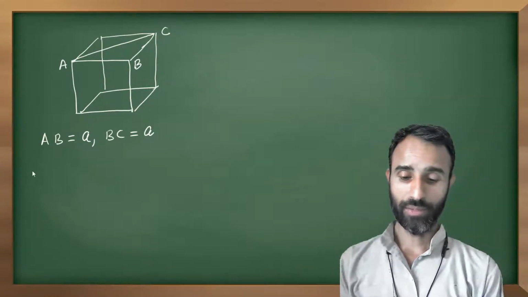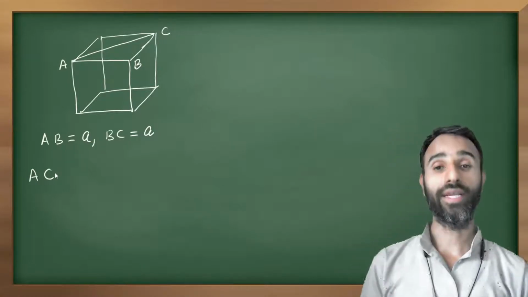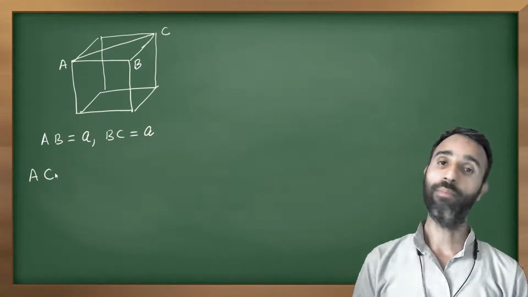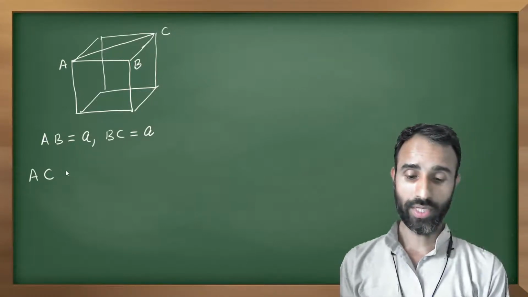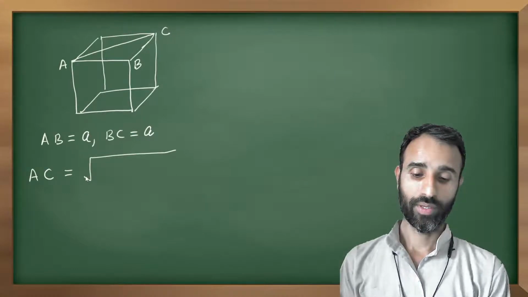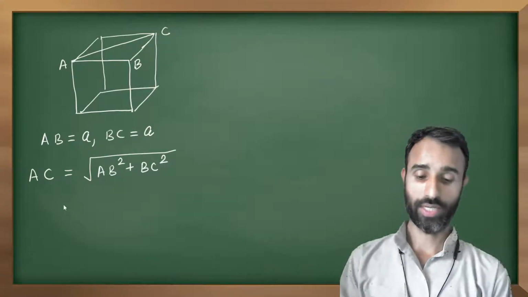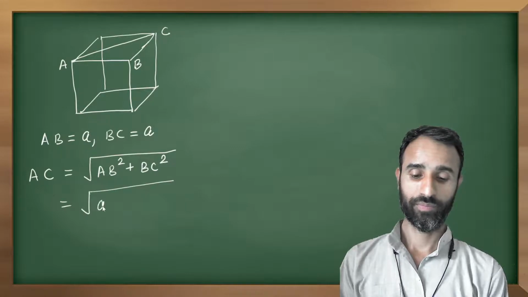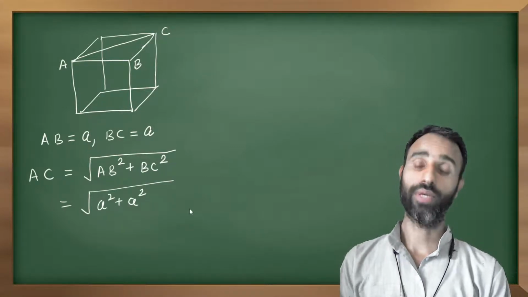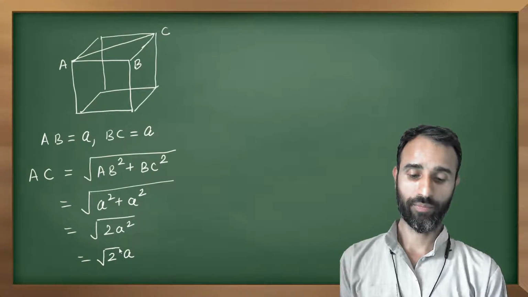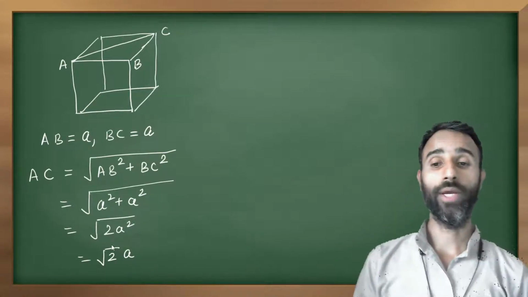Now AC, ABC is a right angle triangle, so we apply Pythagoras theorem. AC equal to under root AB square plus BC square, that is equal to A square plus A square, that is equal to 2A square, means AC is under root 2 A.